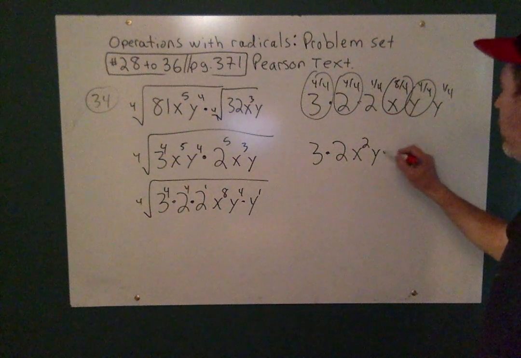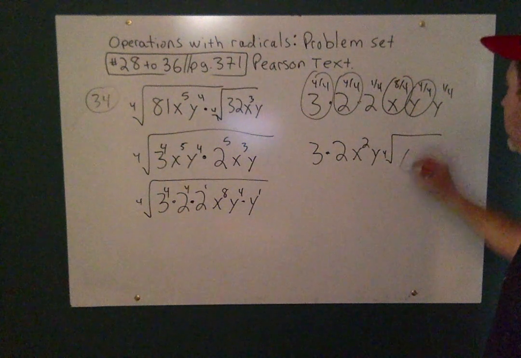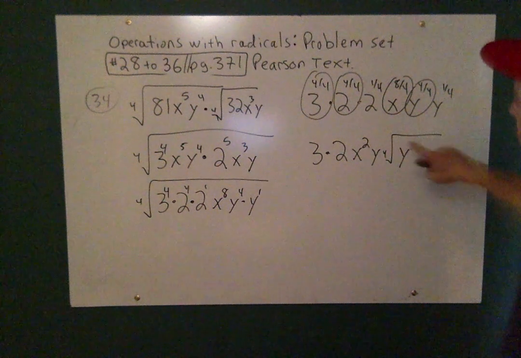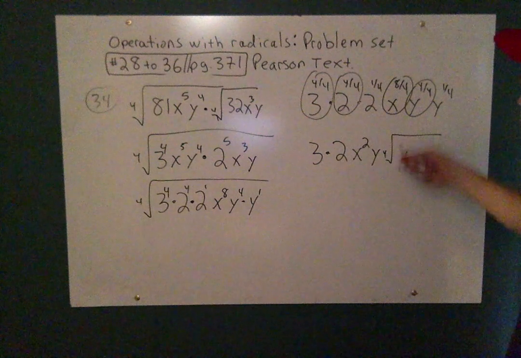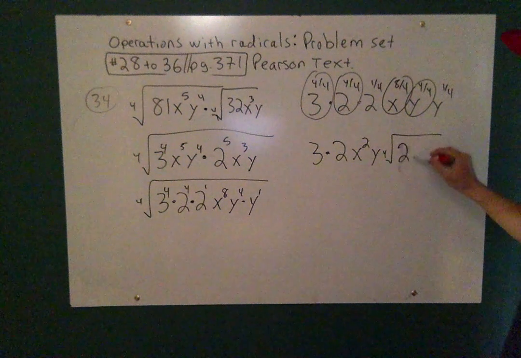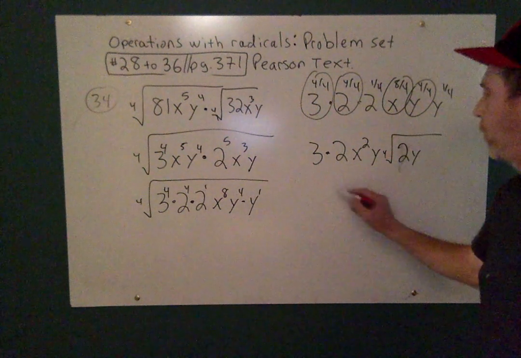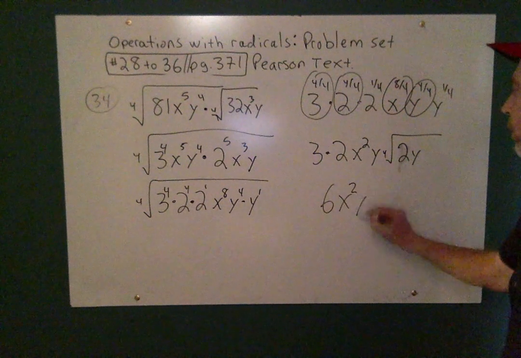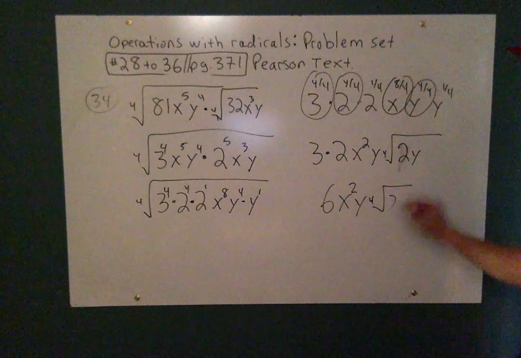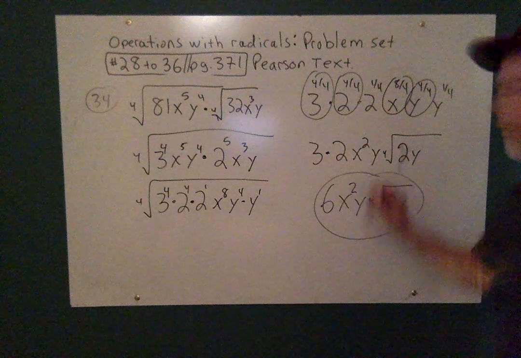They will remain under the radical. I guess I'll put the 2 first. Which, of course, is 6x squared y, the 4th root of 2y.